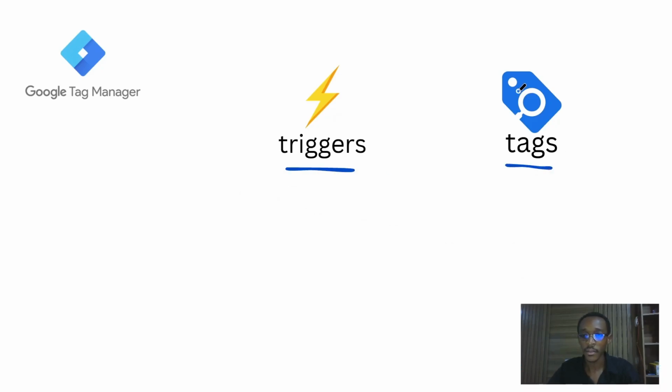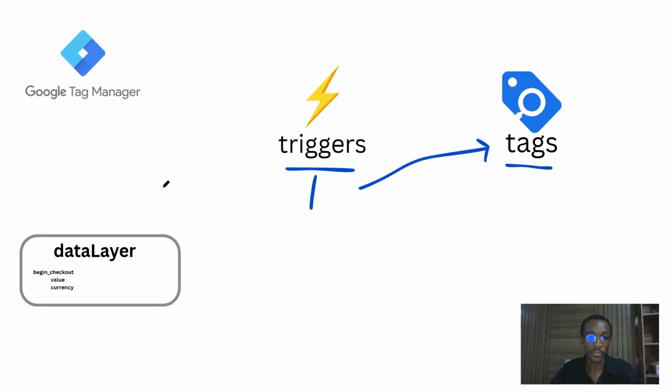So two important concepts to note in Google Tag Manager are literally just triggers and tags. Tags are the simplest form to understand: tags are what you use to send the data to other platforms like Google Analytics and Google Ads and Meta Ads. While triggers is what allows you to trigger this tag to send based on an event that it received. So a clearer example is if your data layer receives the begin checkout event and then it goes into Google Tag Manager.